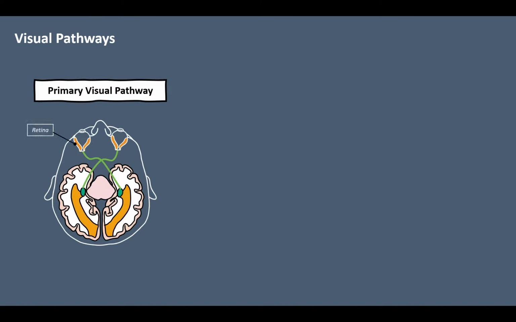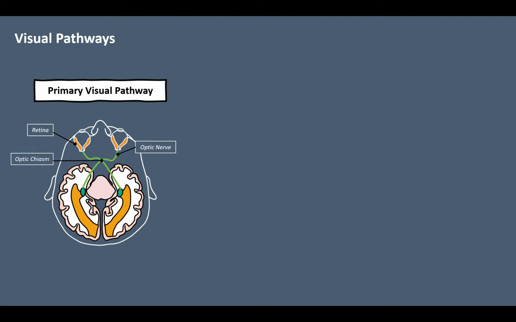Visual processing begins in the two retinae. The axons of the retinal ganglion cells are the projection neurons of the retina. They form the optic nerve that extends to a midline crossing point, the optic chiasm.